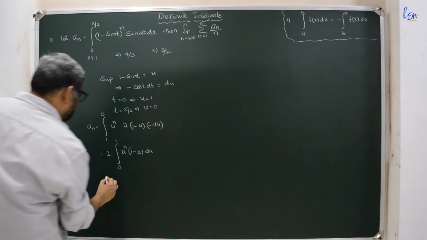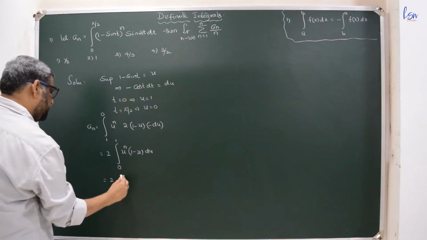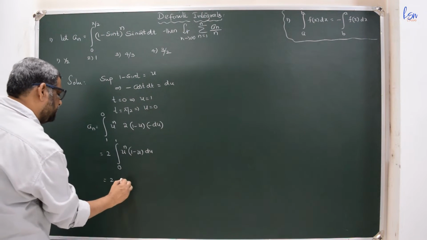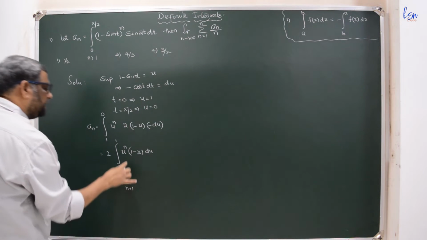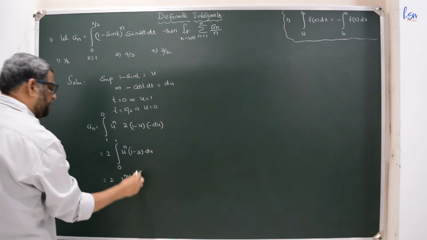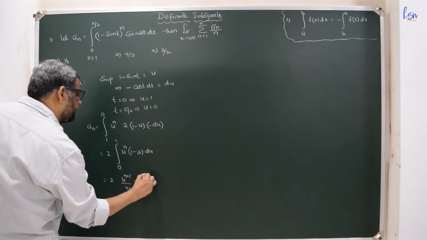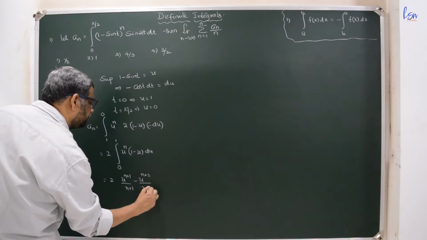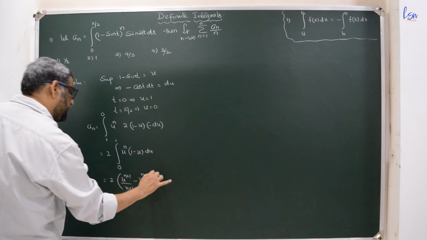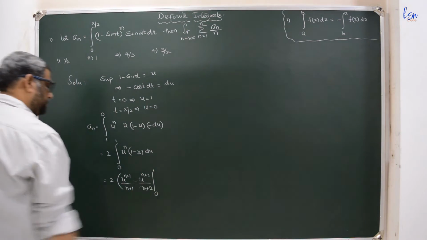Now this is equal to 2 into the integral of u to the power of n minus u to the power of n plus 1, which is u to the power of n plus 1 by n plus 1 minus u to the power of n plus 2 by n plus 2. You can apply the limits from 0 to 1.